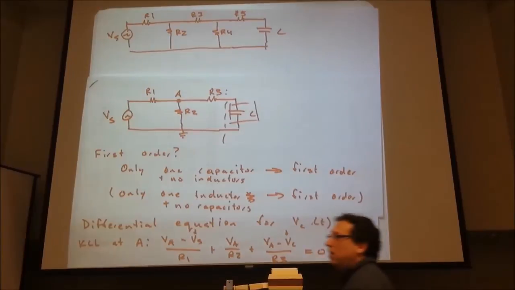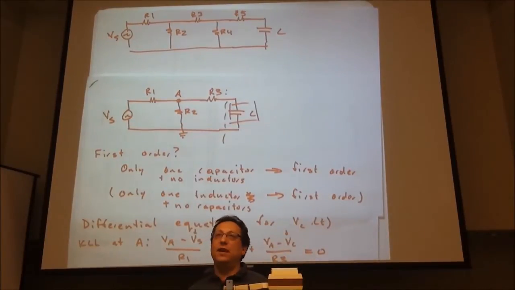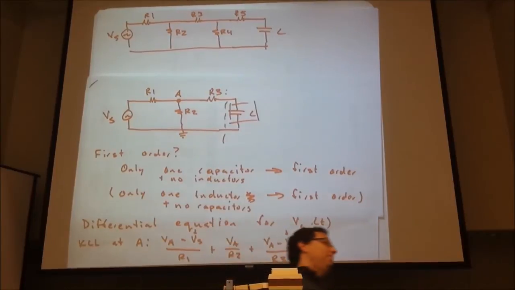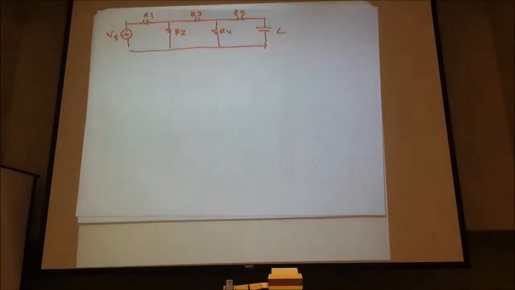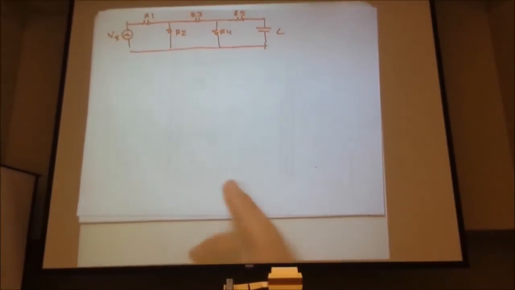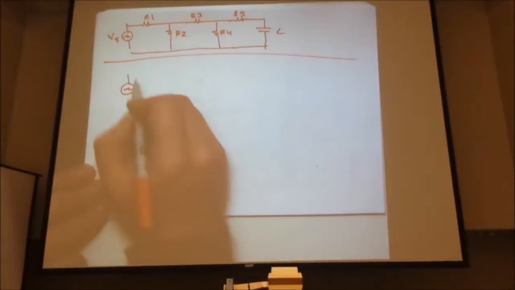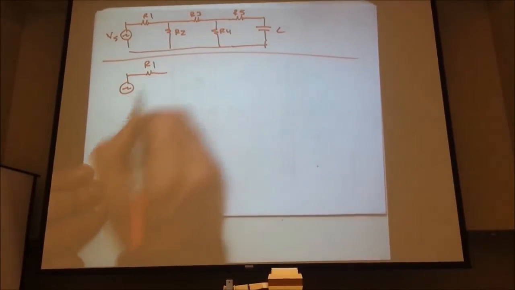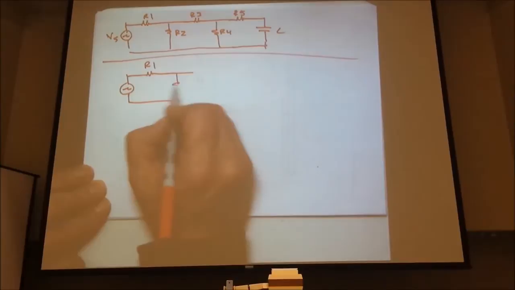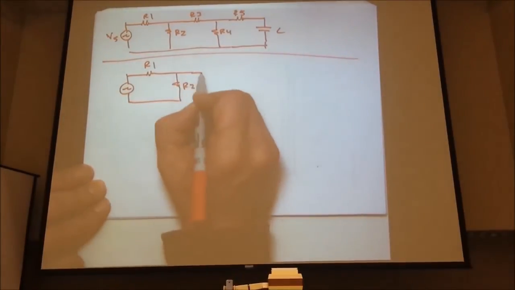What does that mean then? We can do V Thevenin to get our RC circuit. Why do we want to do that? That RC circuit was easy. We've solved it 15 times already, and we can write the solution down. So what do we want to do? There's R1. There's R2.